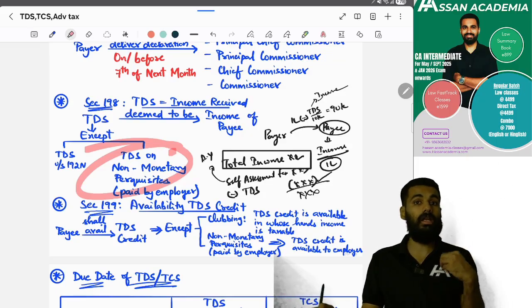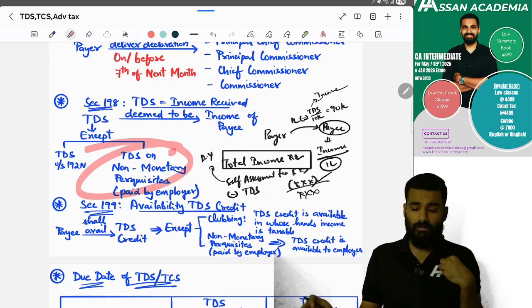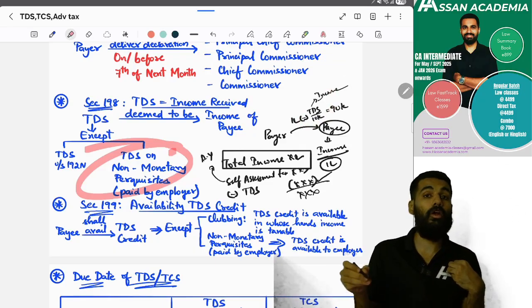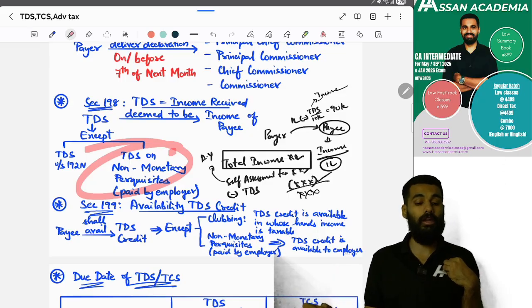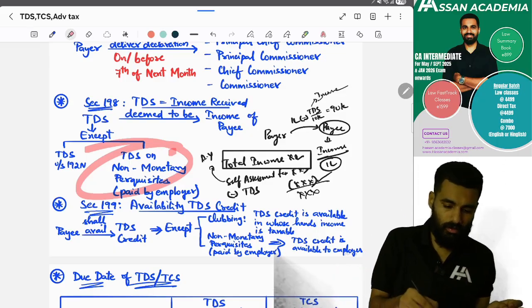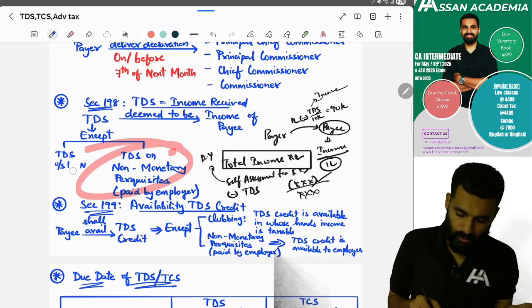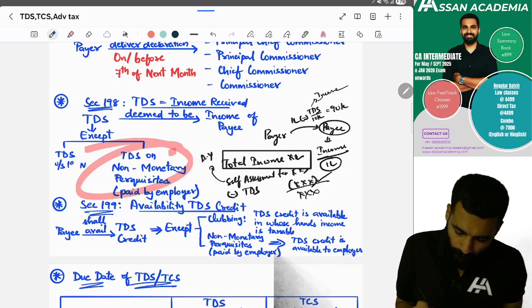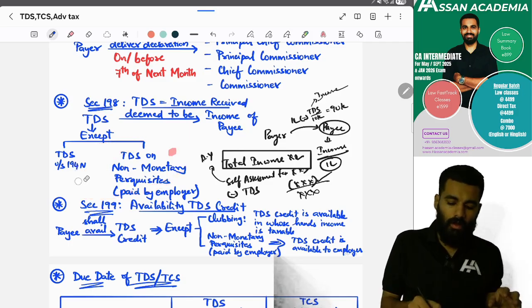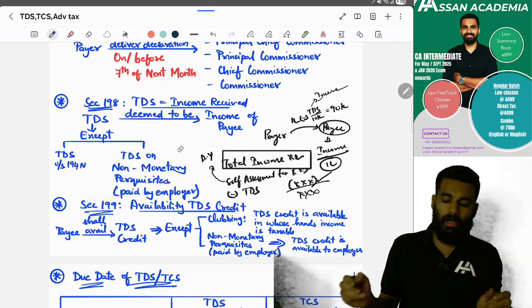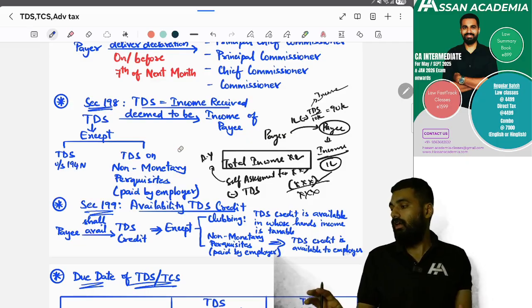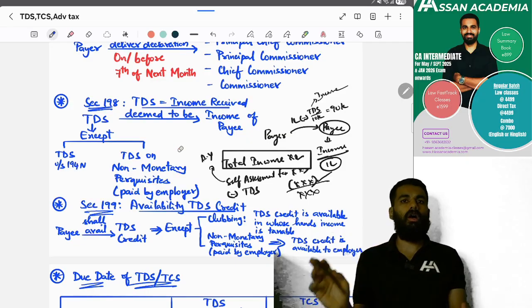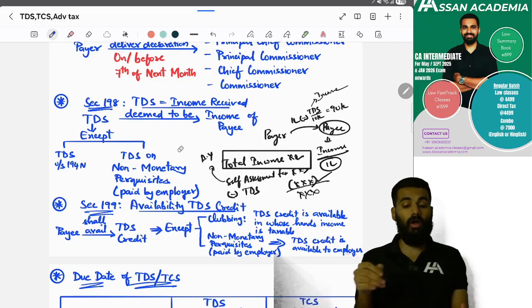What income are we considering? For TDS on withdrawal of cash under 194N, or TDS on non-monetary perquisites paid by the employer, for all of these it will not be considered as income either, yes or no.